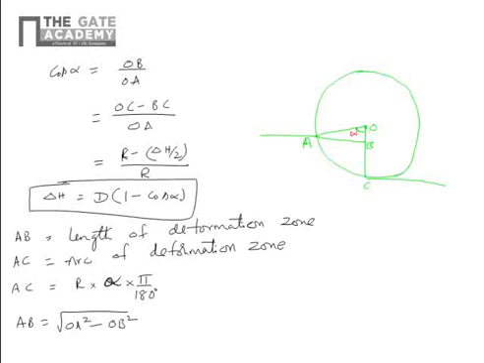So from the triangle OAB, AB square is equal to OA square minus OB square, from the trigonometric concept, Pythagoras theorem. So what is OA square? OA square is nothing but R square, minus what is OB square? OB square is R minus delta H by 2 whole square.